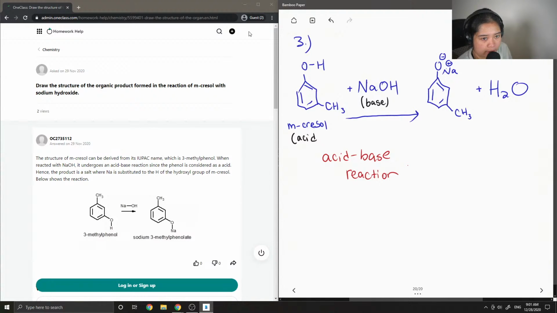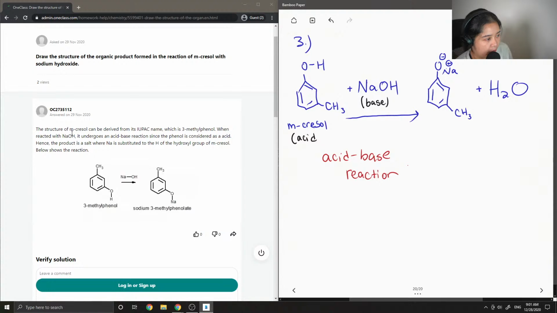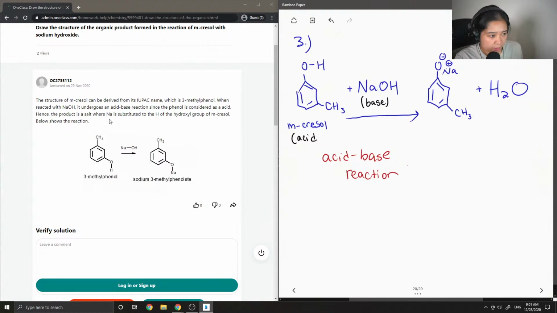Okay, so let's see what the junior tutor said. The structure of mCresol can be derived from its IUPAC name, which is 3-methylphenol. When reacted with sodium hydroxide, it undergoes an acid-base reaction since the phenol is considered as an acid.